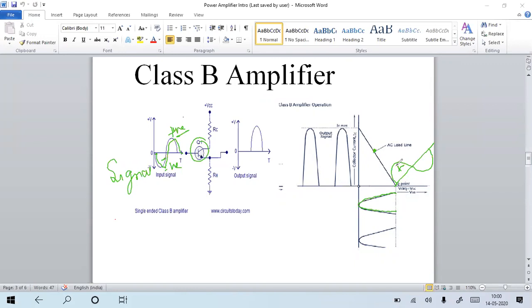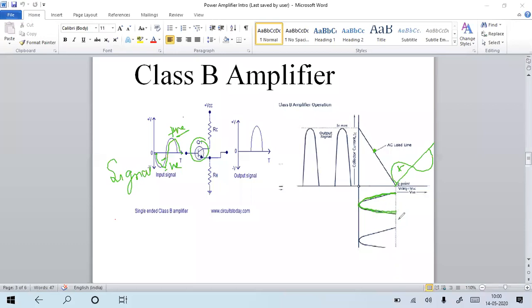This happens only when the transistor is on, because the Q point is shifted from cutoff to active mode. So only the positive portion is amplified and retained at the output side.